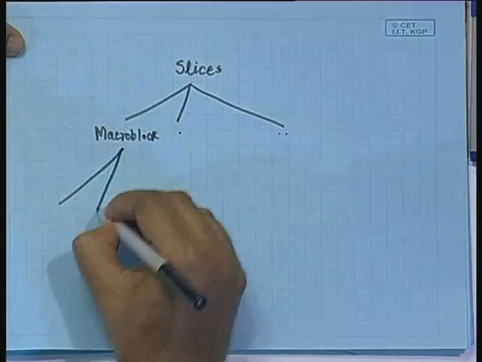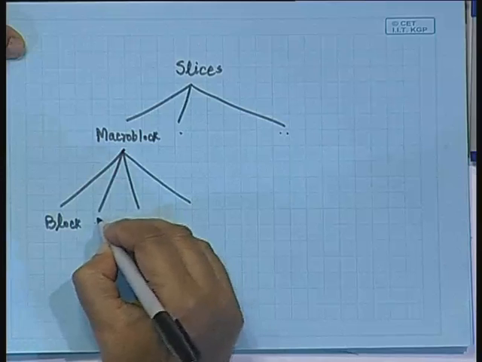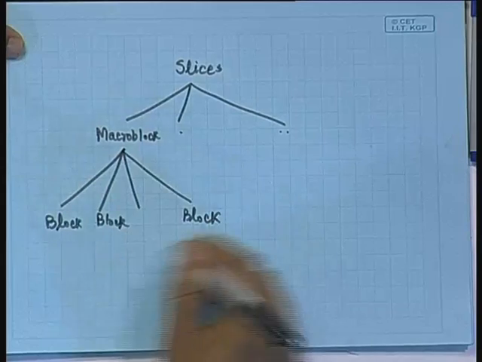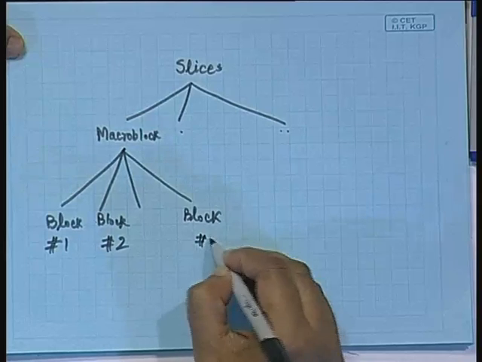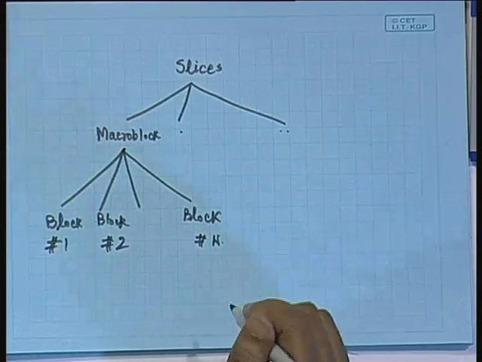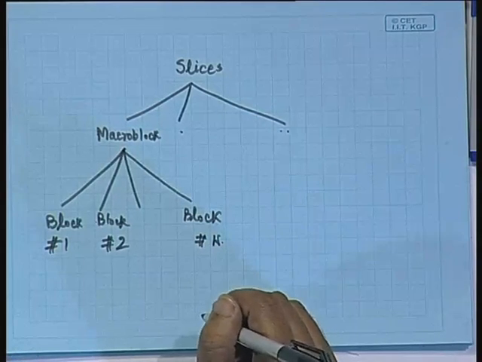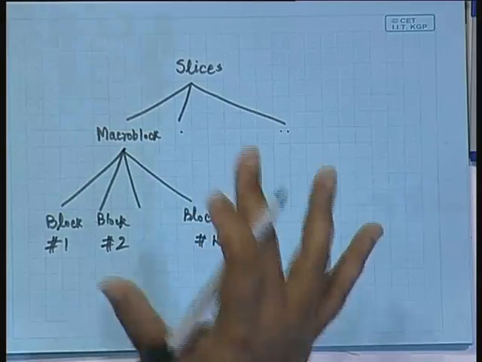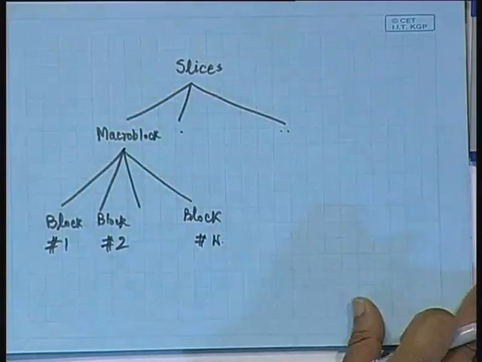A macro block is partitioned into blocks, and as for block size, you already know that for all the initial standards the block size was 8 by 8, but in the most recent one the block size is variable, and it can be as low as 4 by 4. I will now tell you how these blocks and macro blocks are related.